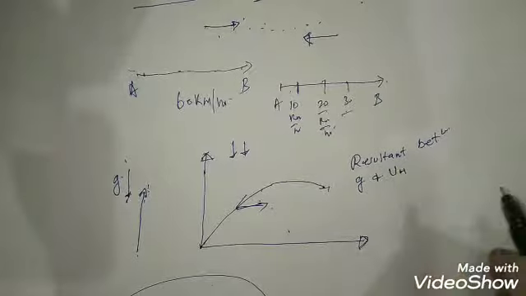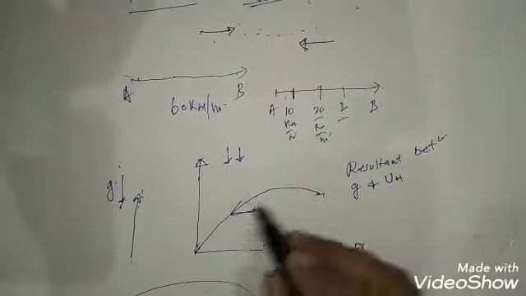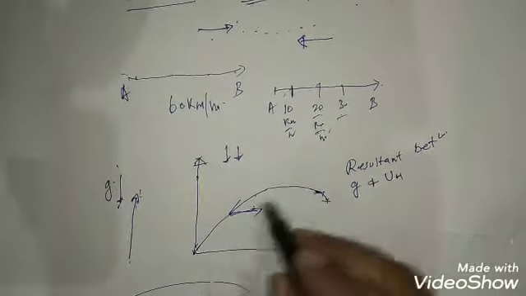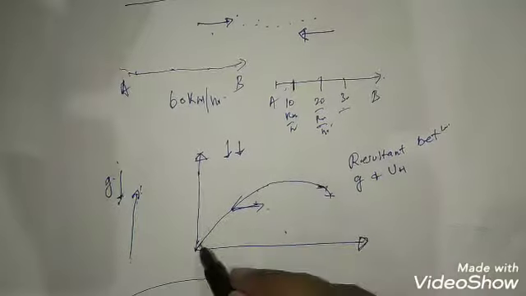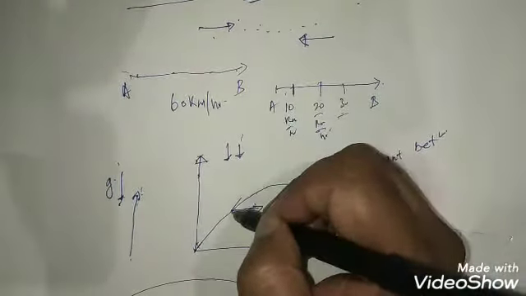I will call it UH. So this is the horizontal thing, and so it takes a projectile motion. So this projectile motion is there primarily because of gravity which is acting down.